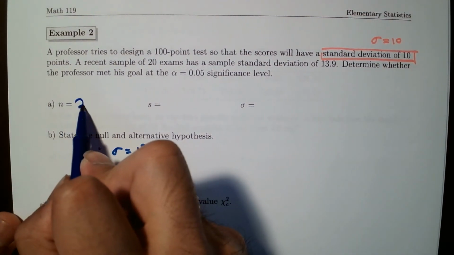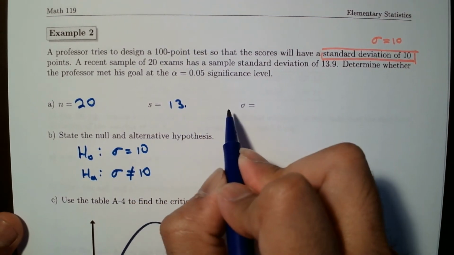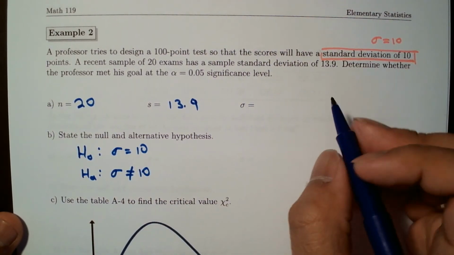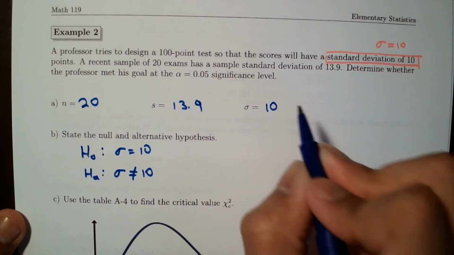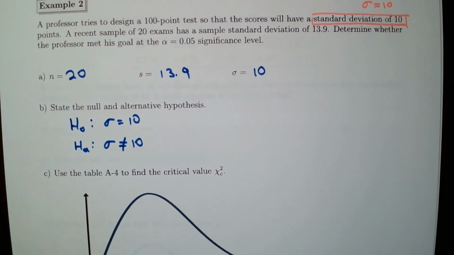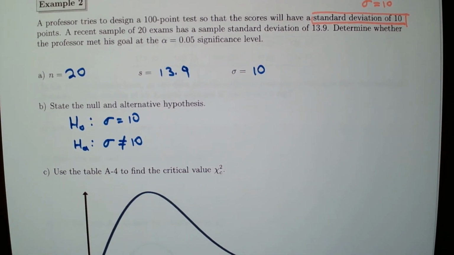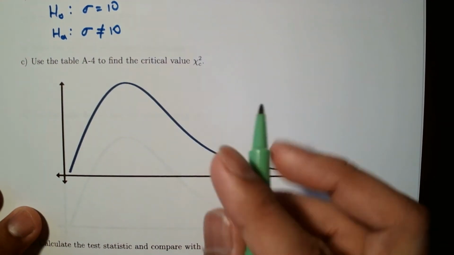Sample size is 20 exams. Standard deviation of the sample is 13.9. And standard deviation of the population is the one from the null hypothesis. Okay, so in this case, this is a two-tailed test.